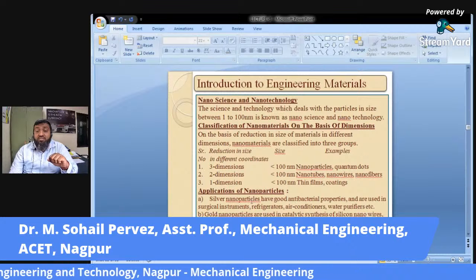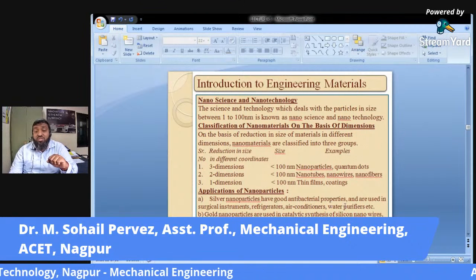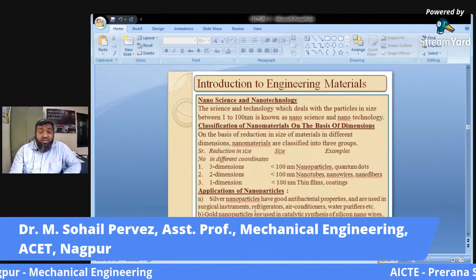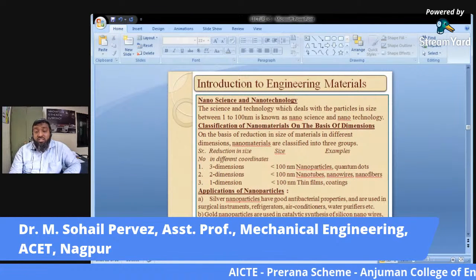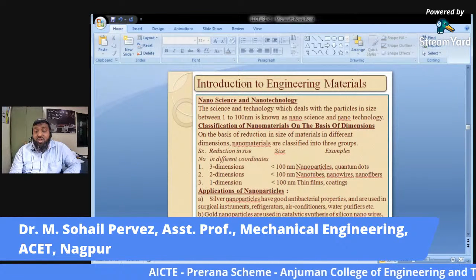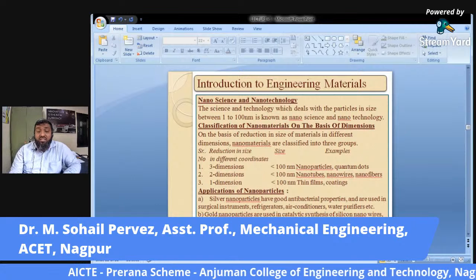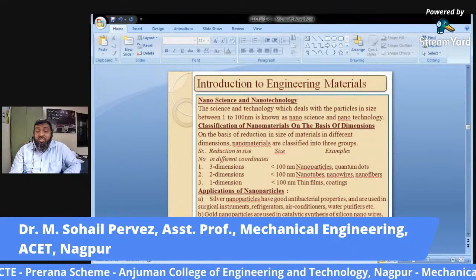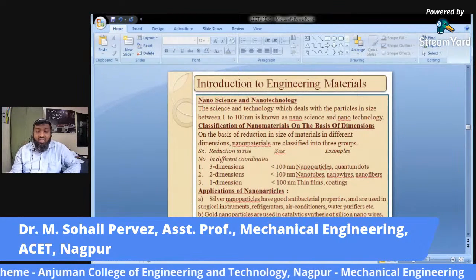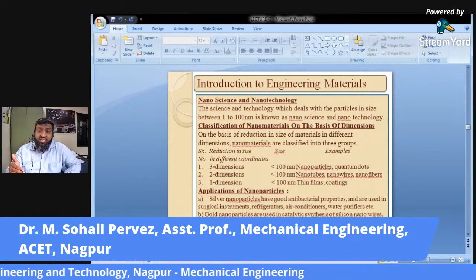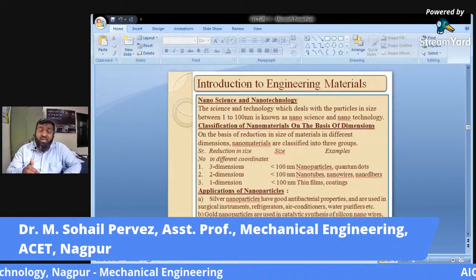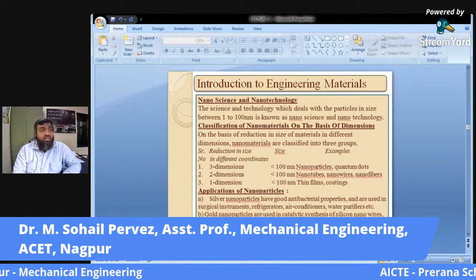Silver nanoparticles have good antibacterial properties and are used in surgical instruments, refrigerators, air conditioners, water purifiers. Gold nanoparticles are used in catalytic synthesis of silicon nanowires, sensors carrying drugs, and in the detection of tumors. Now see how an engineering material is being utilized in medical sciences.